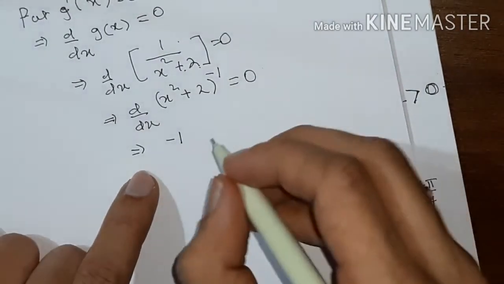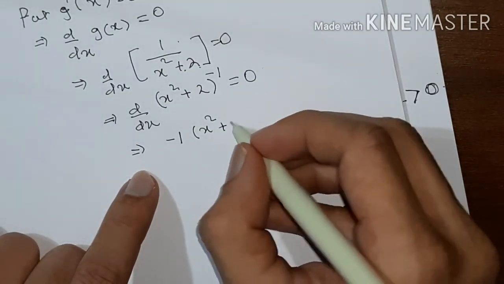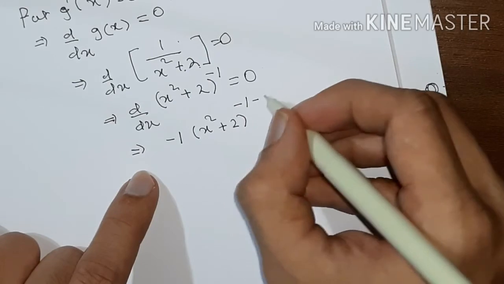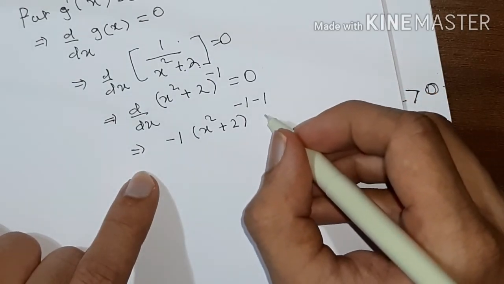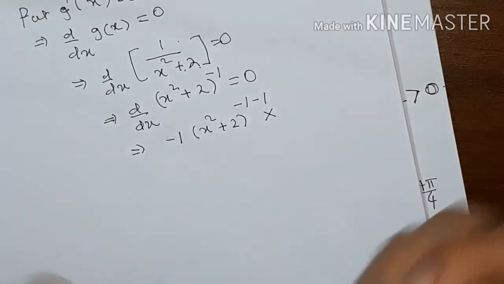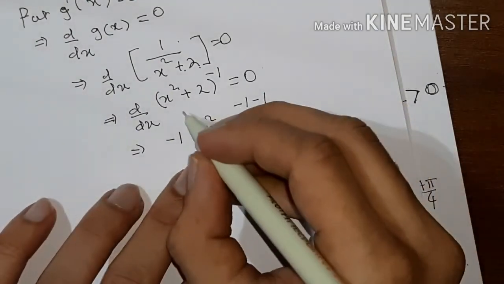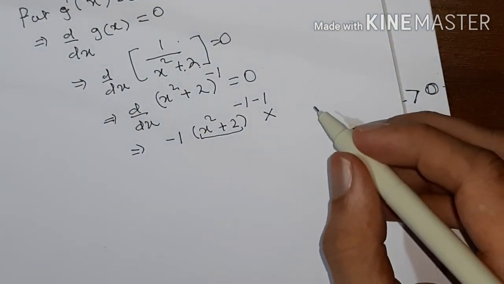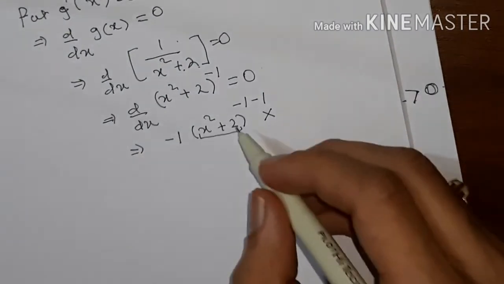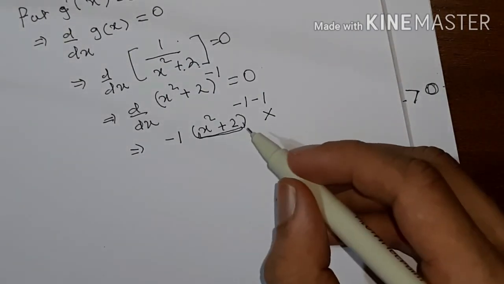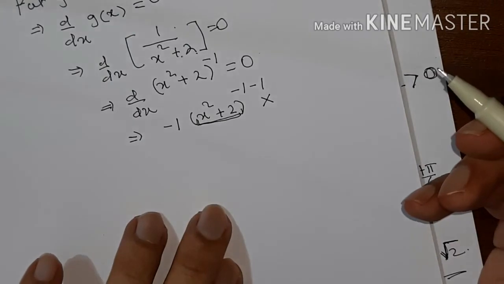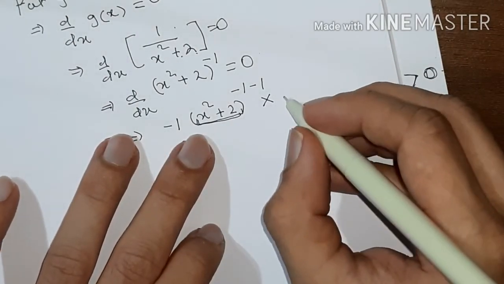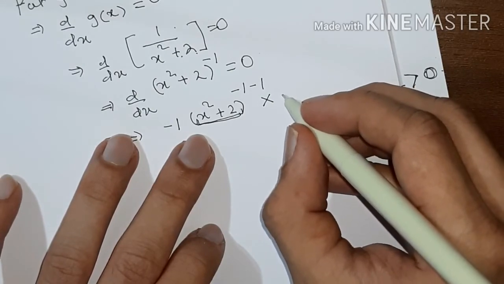It is n, that is minus 1, x square plus 2 raised to n minus 1, so minus 1 minus 1, then multiplied by the derivative of the inside function, because the function inside the bracket is not x or x plus some constant. So we have to take the derivative of this and multiply it. That is the chain rule.